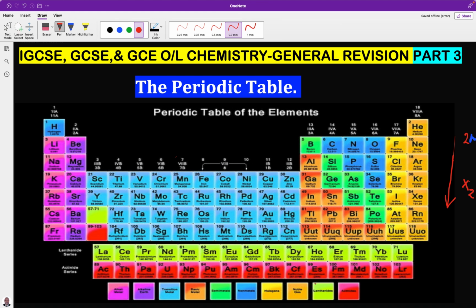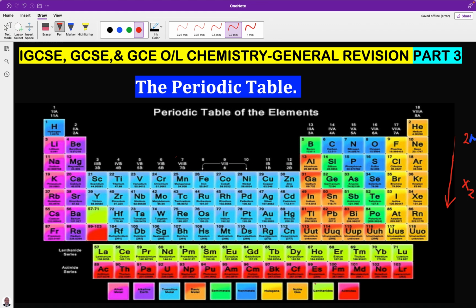They call them inert gases or the noble gases. We can say the group 0 elements, or the inert gases, in order of increasing proton number, as you are going down the group: helium is 2, neon is 10, argon is 18, krypton is 36, xenon is 54, radon is 86.